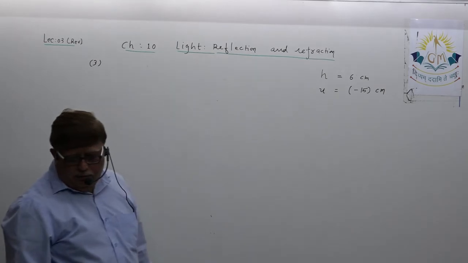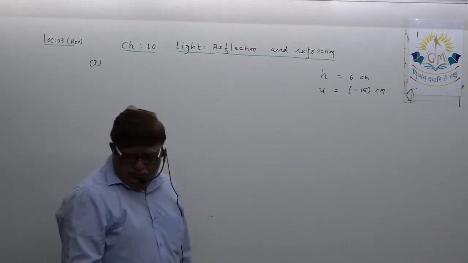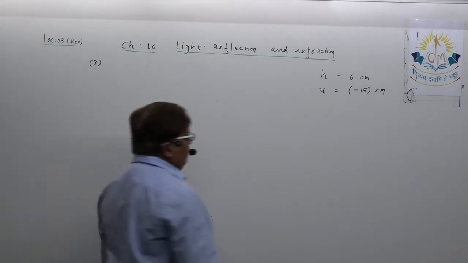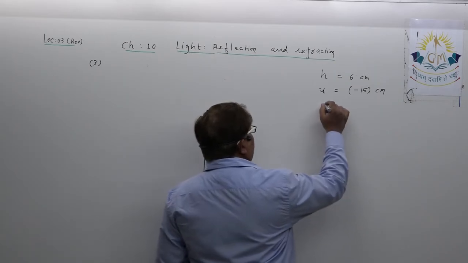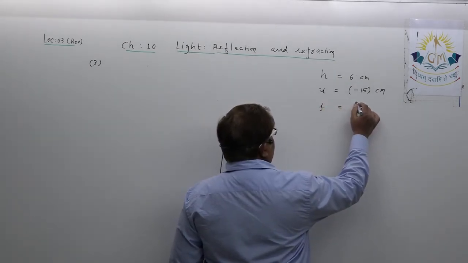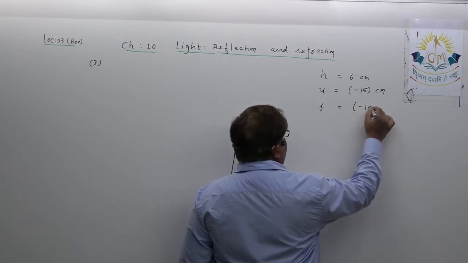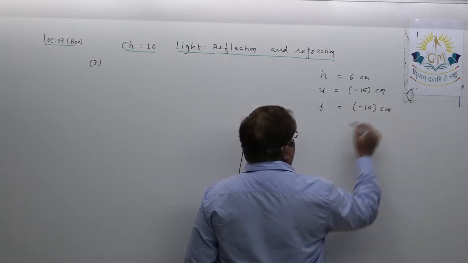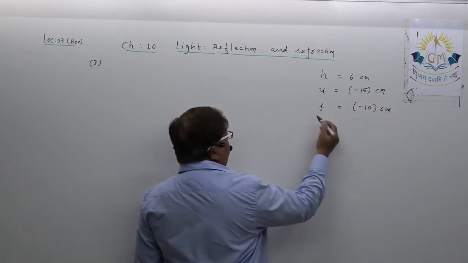And what is the focal length of the mirror? Mentioned 10 centimeter. Obviously, because it is a concave mirror, f is going to be negative.